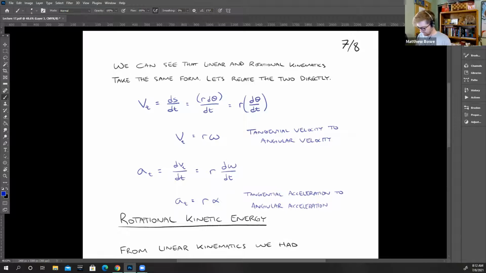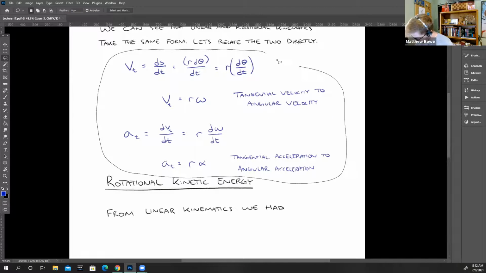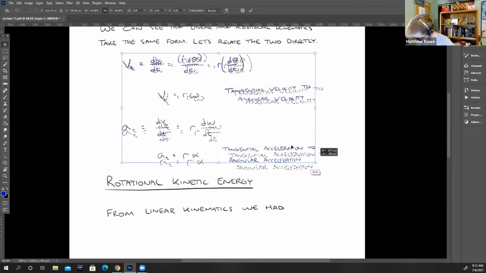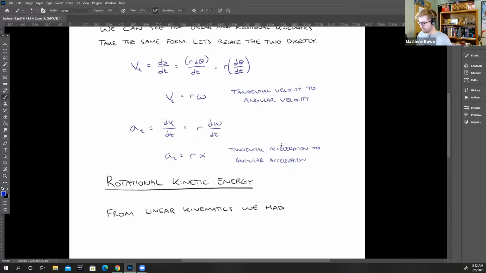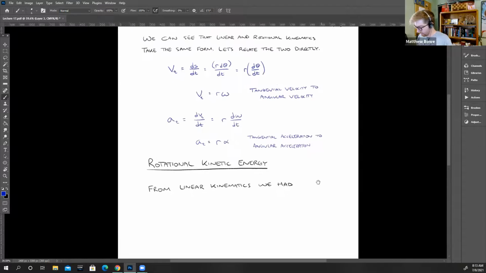let me shrink this down just a bit. We're going to look at the rotational kinetic energy. From the linear kinematics, we had the basic equation. You should all know this very well by now.